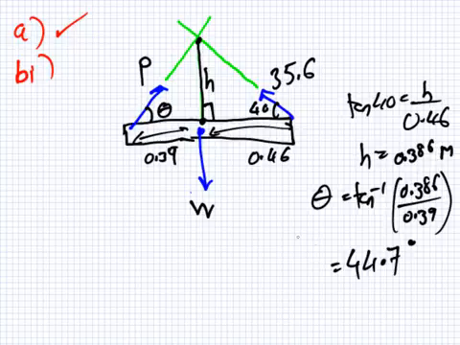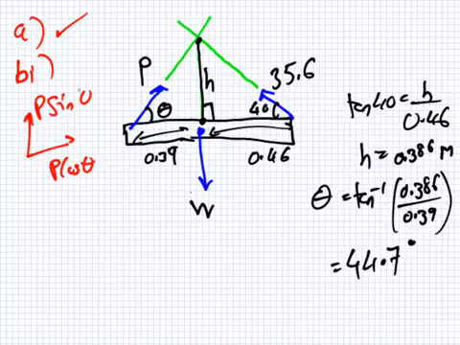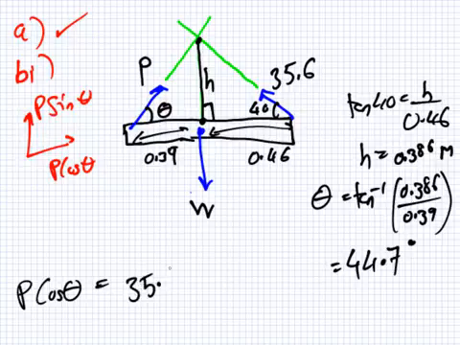Now what? We need to maybe get components, do we? So if I take my P, I can break it up into P cos theta and here P sin theta. So we can say that P cos theta must equal, and I can do the same thing here, 35.6 cos 40, the horizontal here.